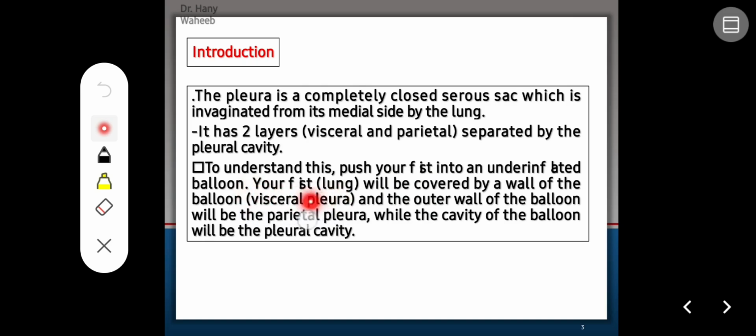Your fist, which represents the lung, will be covered by the wall of the balloon, the visceral pleura, and the outer wall of the balloon will be the parietal pleura, while the cavity of the balloon will be the pleural cavity. So you push your fist into the balloon. The inner layer, which is adherent to your fist, is the visceral layer of the pleura. The outer layer is the parietal pleura, and the cavity in between is the pleural cavity.